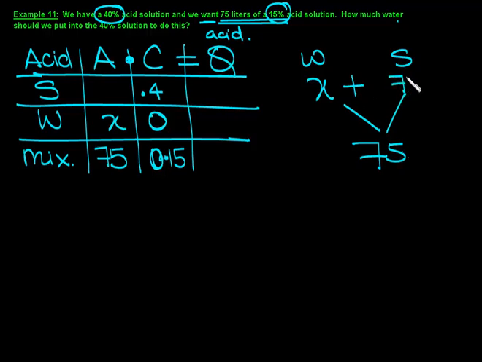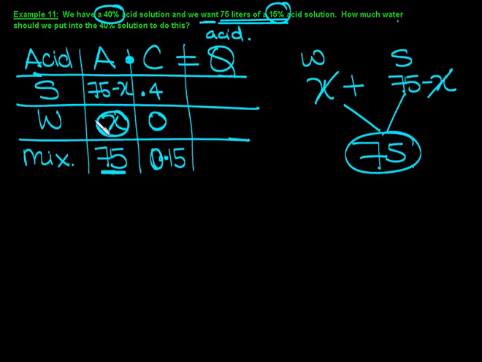It's going to be 75 minus X, right? Because when I add these two, the X's will cancel and I'll get 75. Out of that 75 liters, X liters is going to be water. Do you guys agree? So how much is left for the solution? It will be 75 minus however many liters of water you had.